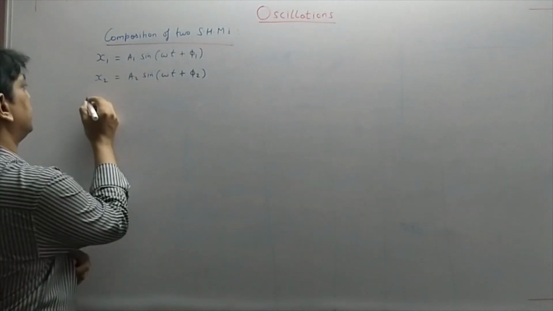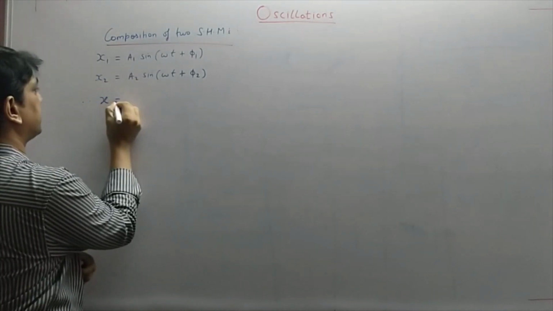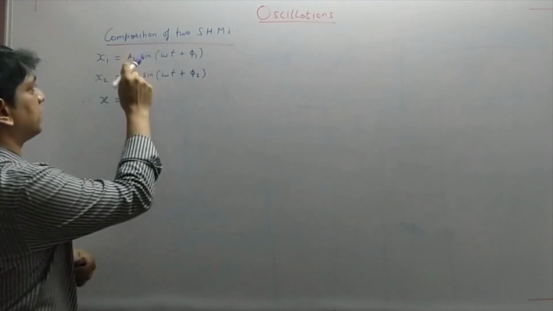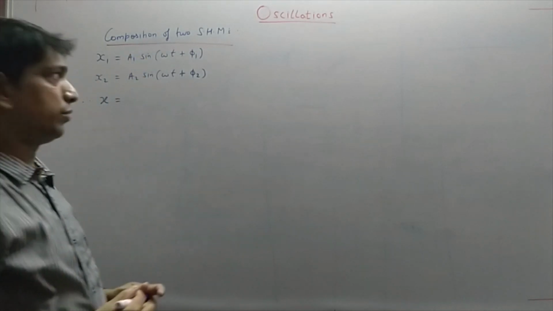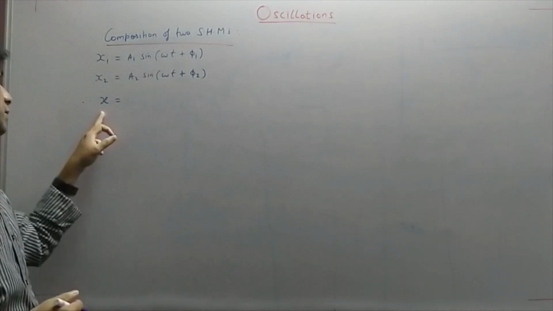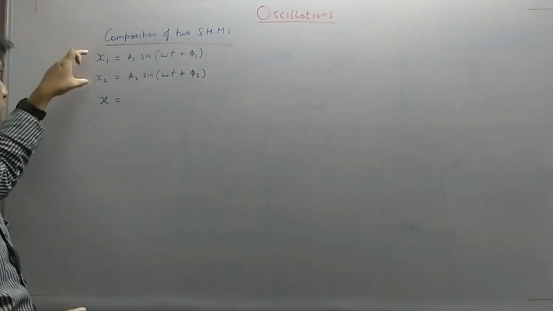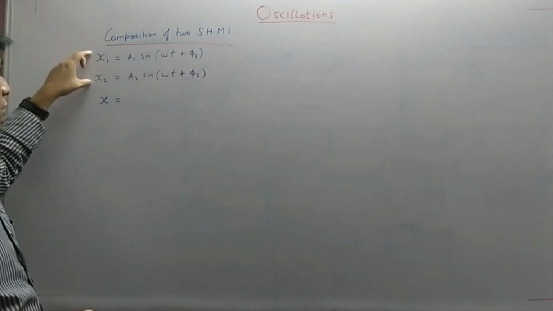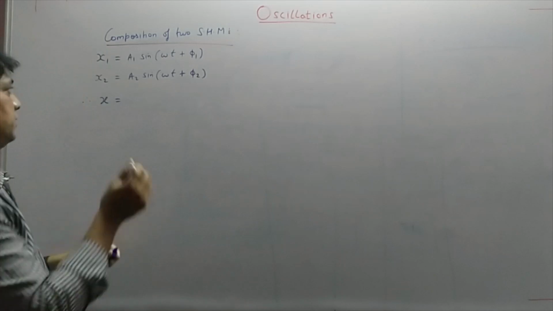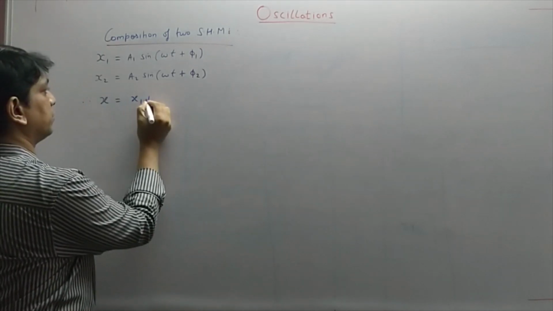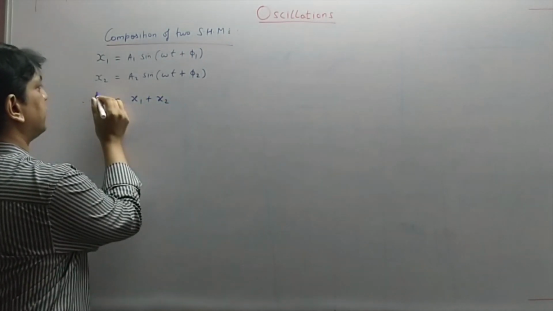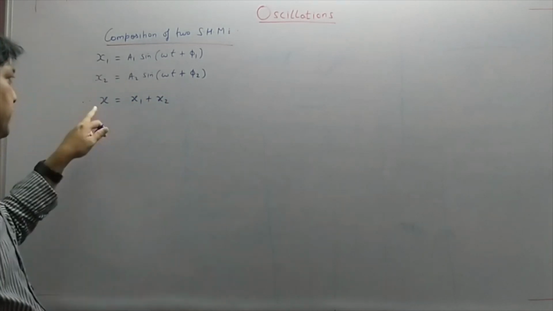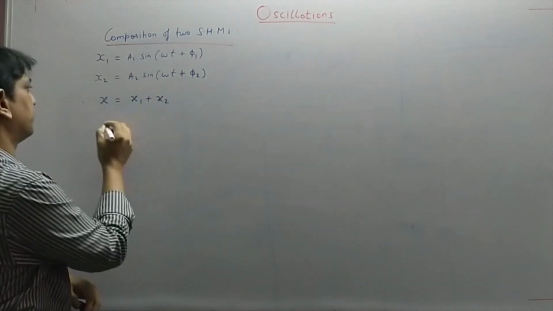The resultant displacement is x, the vector sum of the displacements due to the two particles. So x is x1 plus x2. Vector sum we can put, but in magnitude I am writing x equals x1 plus x2. You can put a bar also.